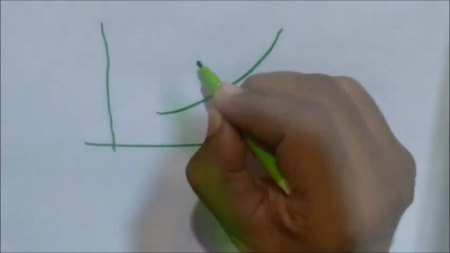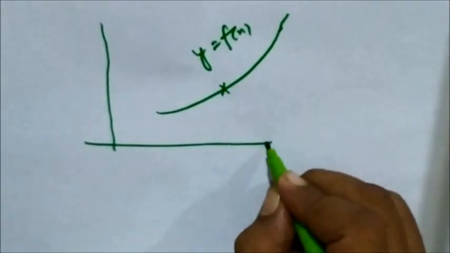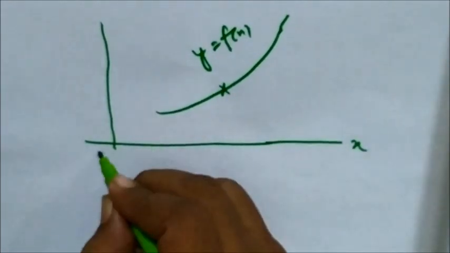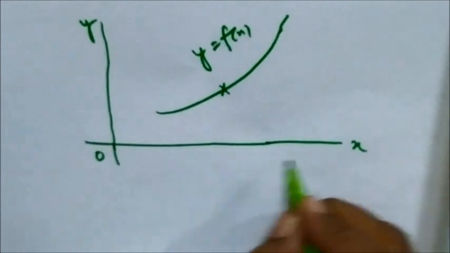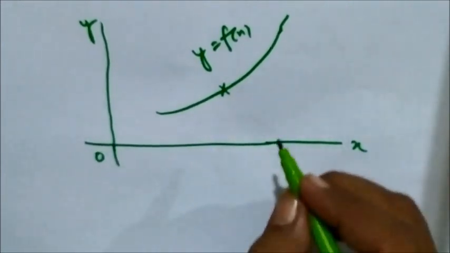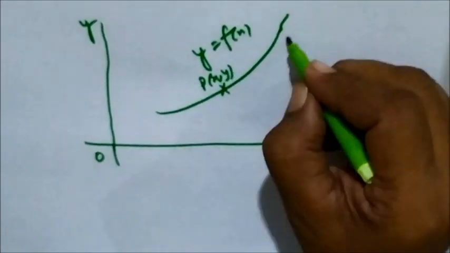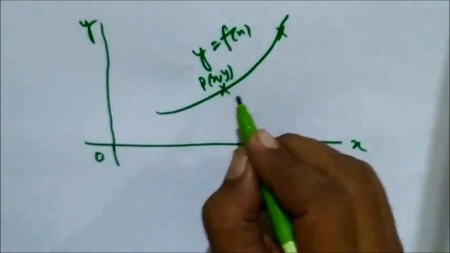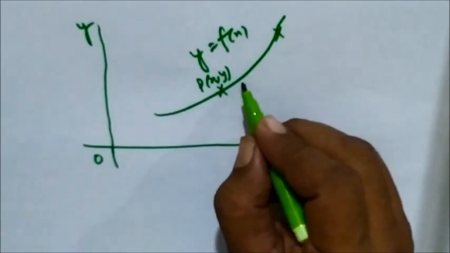Now geometrically, what is the meaning of dy by dx at a point? Suppose y equal to f(x) is a continuous curve, taking x and y as axes, P(x, y) is any point, and delta x and delta y are small increments in x and y.